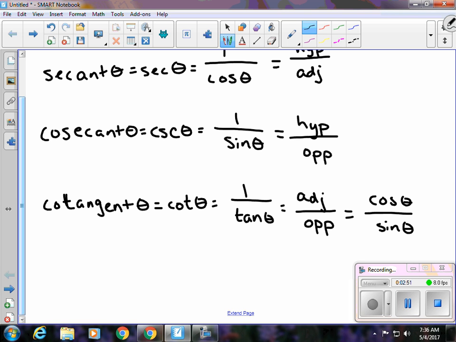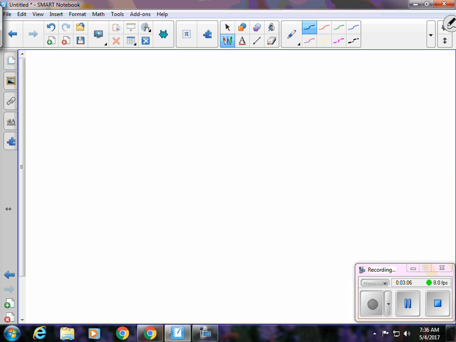And with that being said, let's actually look at, if I give you cosecant of this value, how do I find it? Because your calculator doesn't actually have a cosecant or a secant button or a cotangent button. So you got to figure this out algebraically.